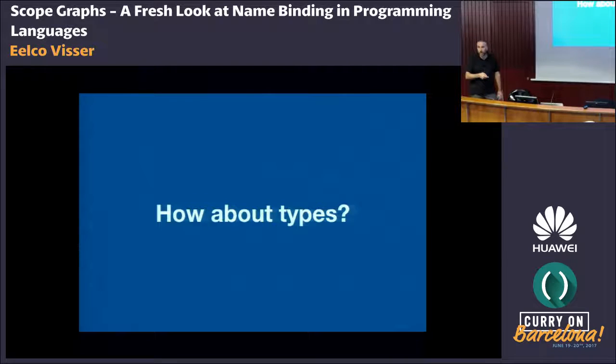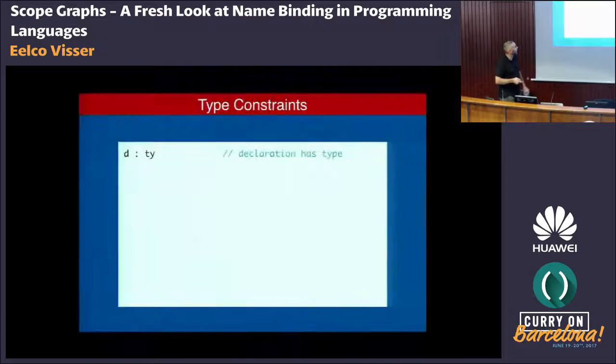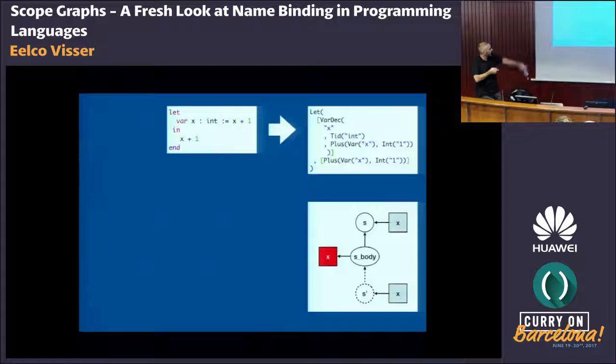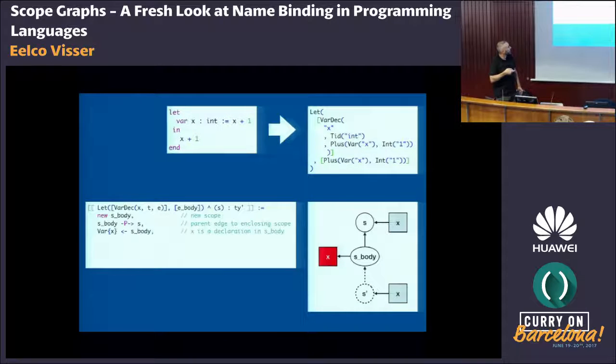All right, so how about types? Well, our constraint language also gives us type constraints. So what we can do is say, well, the type of a declaration is some type expression. We have type equality, subtype, and well, there are possible extensions. And then we can define the typed constraints.